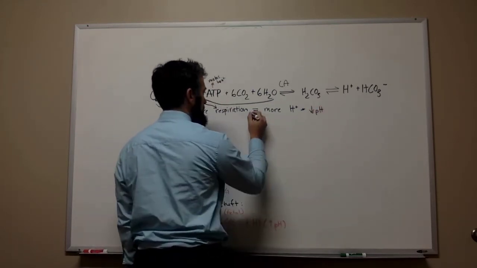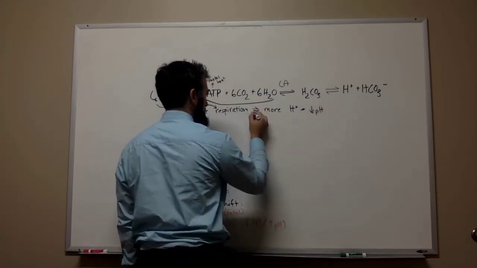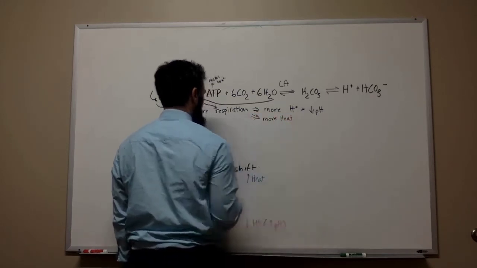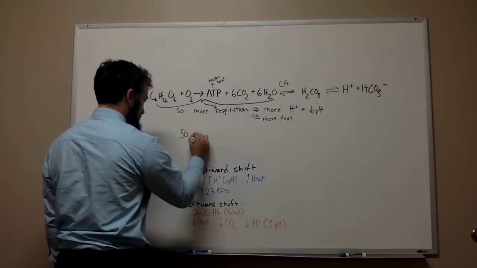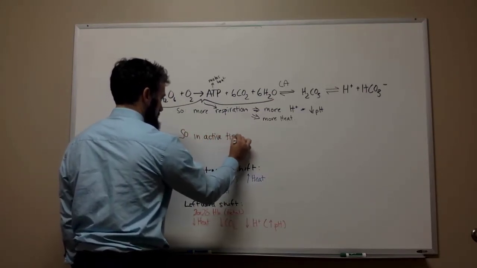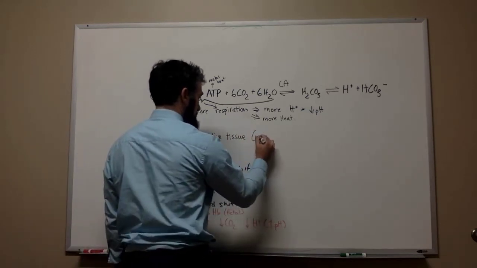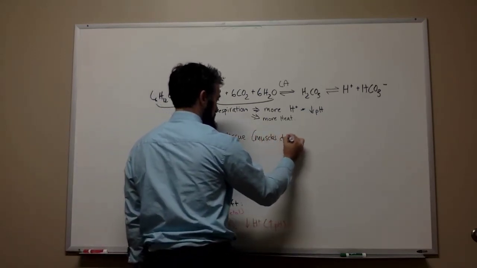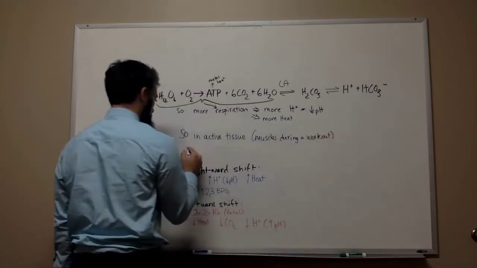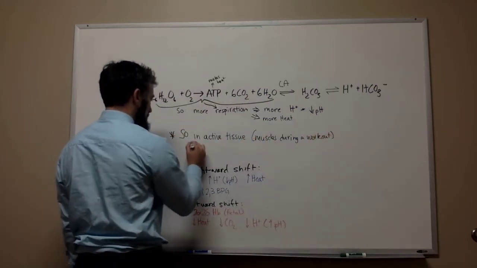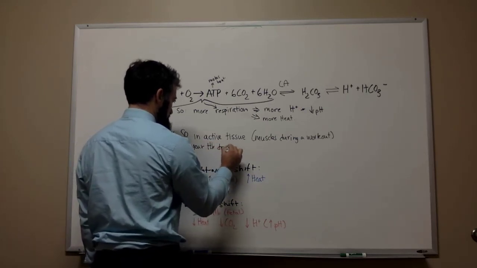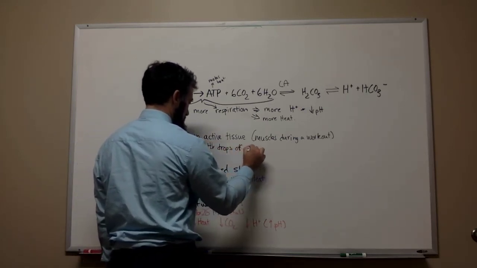Which will then freely dissociate into H+ and HCO3-, which is a hydrogen and bicarbonate. So essentially, that means that more respiration, which is the first half of that whole entire equation, will lead to more heat and more hydrogen ions, which will also mean lower pH. So more respiration means more CO2, which means more hydrogen ions, which means lower pH.